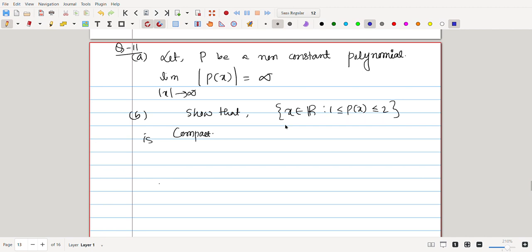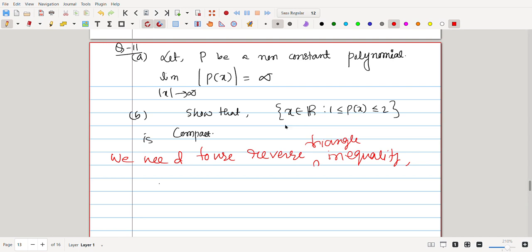Let p be a non-constant polynomial. Show that limit mod x tends to infinity, mod p(x) equal to infinity. Okay, so we need to use the reverse triangle inequality here.